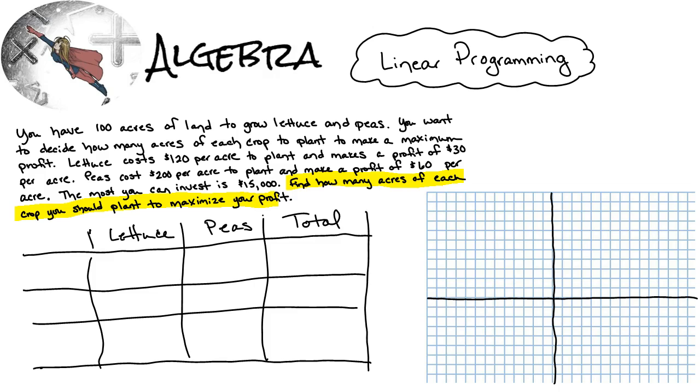Okay. And then I start rereading from the beginning of the problem for any numbers that they tell me. So the first number I see says you have 100 acres of land to grow lettuce and peas. Well, that's a total. I have 100 acres total of land. So I'm going to put the 100 into my first total.